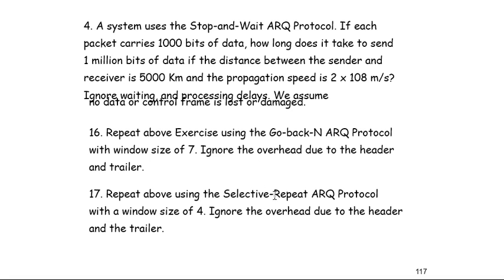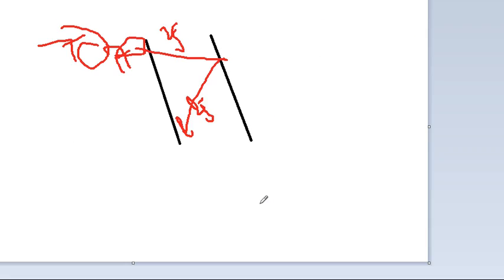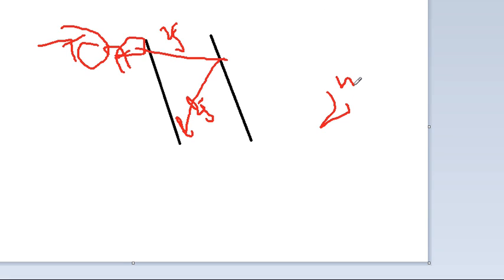Now in case of selective repeat, transmission time for 4000 bits. So window size is 4. Window size would be 2 to the power m by 2, which is 2 to the power 4 by 2, which is 4.